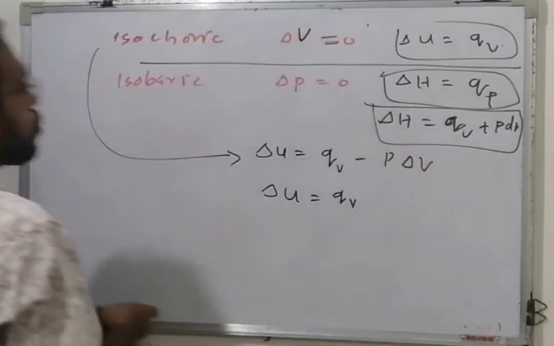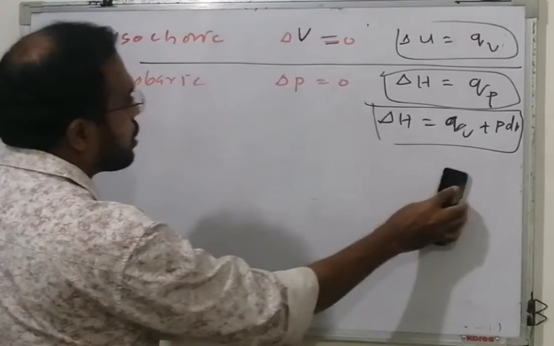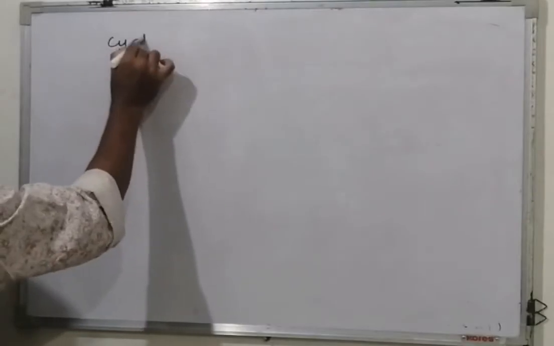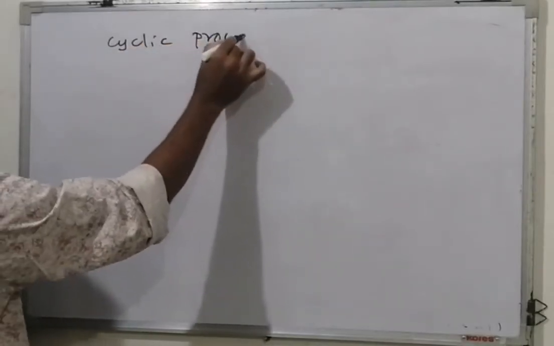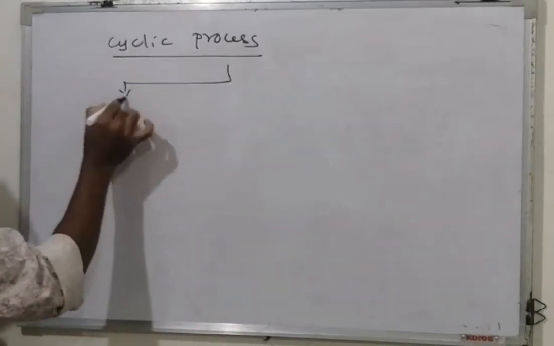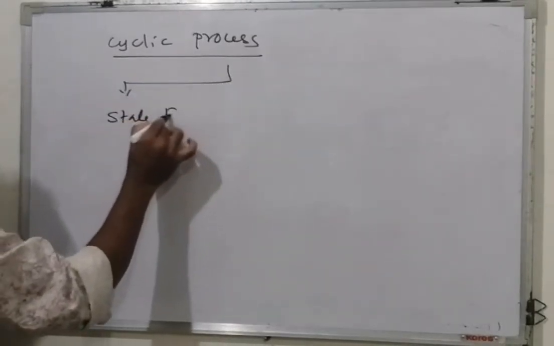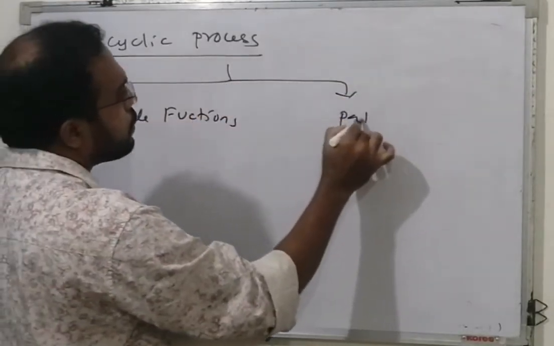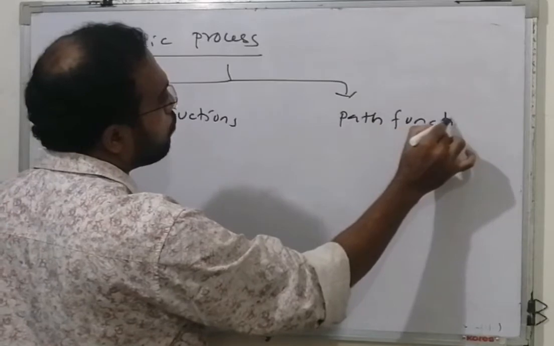Now we can go to the next, cyclic process. For a cyclic process, we have state functions and path functions.